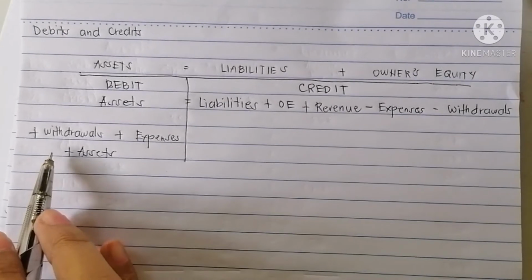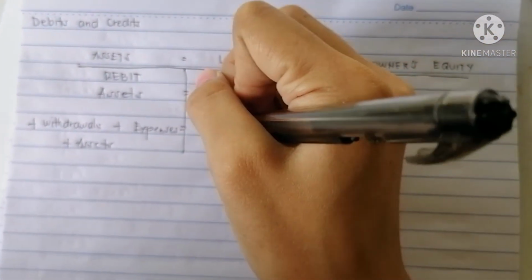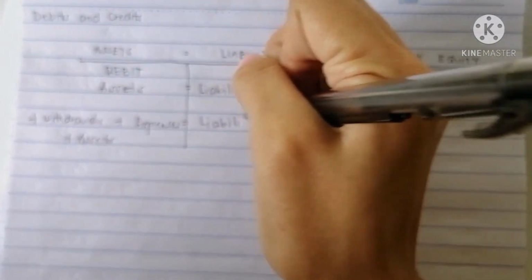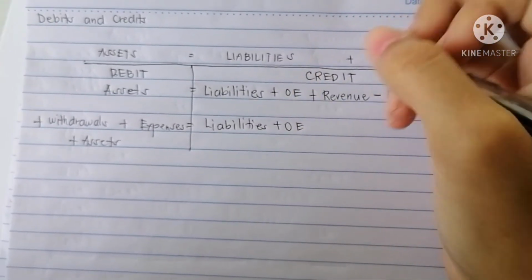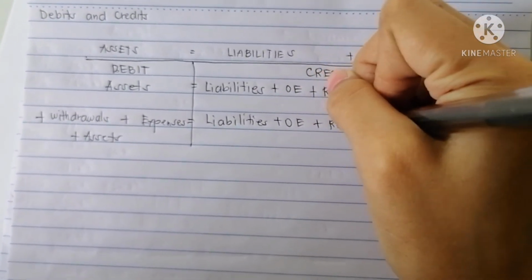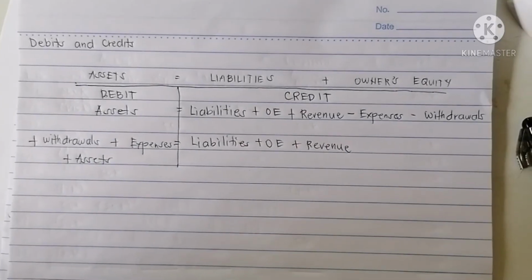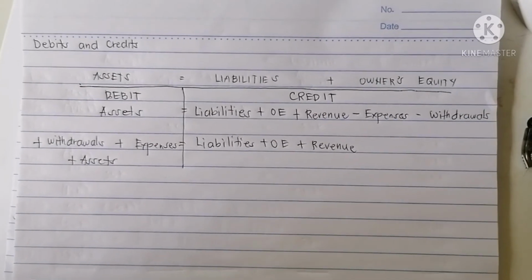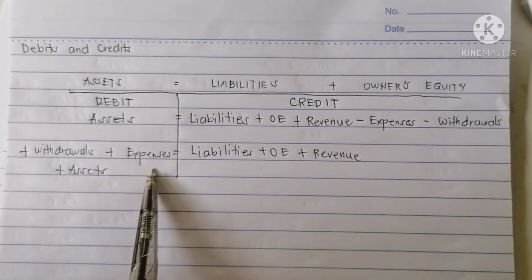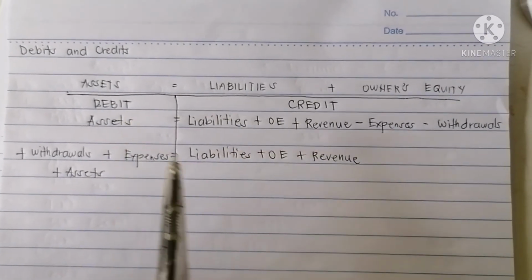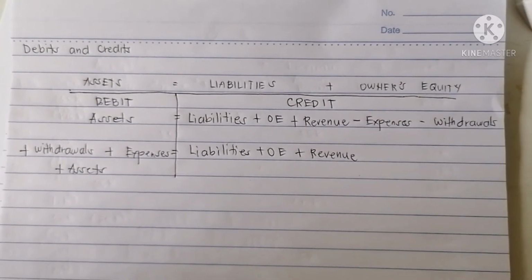Then, withdrawals plus expenses plus assets equals liabilities, owner's equity, and plus the revenue. So now, all of them have the same operation. The normal balance of withdrawals, expenses, and assets is debit, while the liabilities, owner's equity, and revenue is credit.